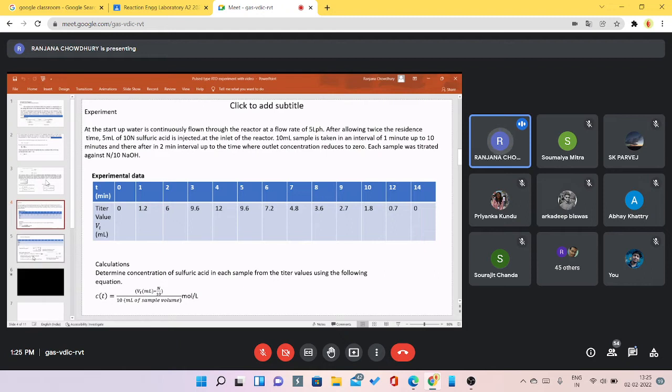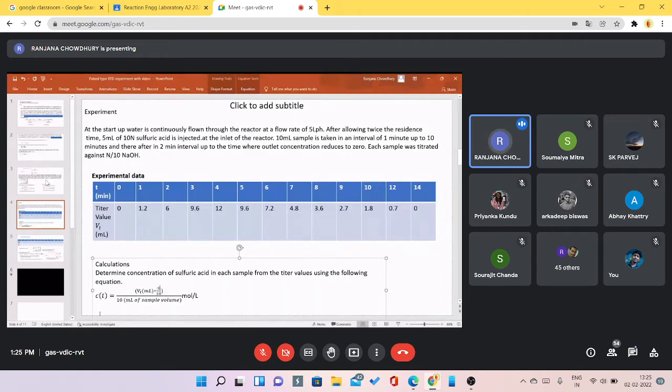So C(t) is nothing but V(t) times N by 10, or you can just write 1 by 10 because you are writing it in mole per liter, divided by the 10 ml of sample you have taken.